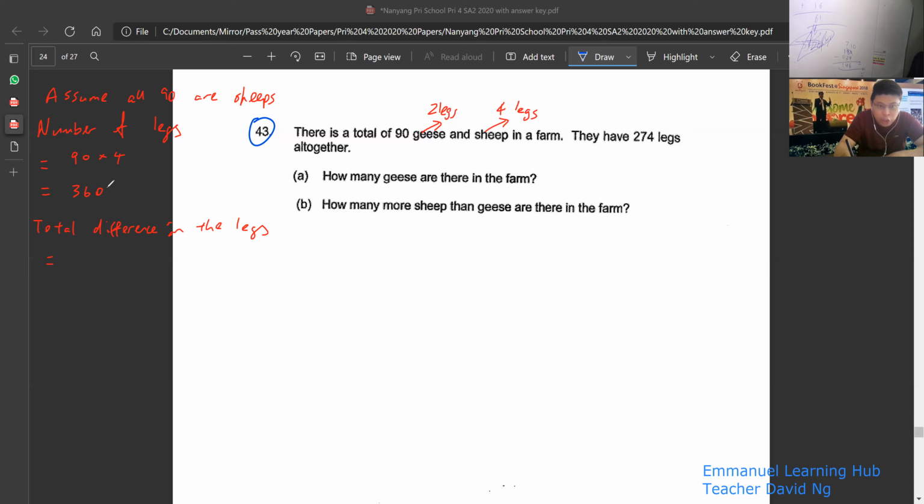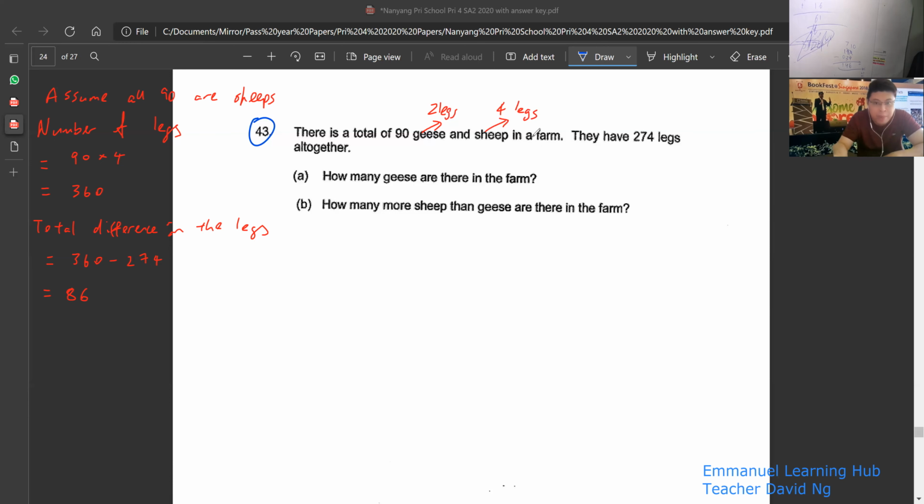You're assuming all are sheep, so you have 360 legs. But in reality, only 274 legs, right? So there's a difference. So you minus off, 360 minus 274. Okay, this is the total difference.